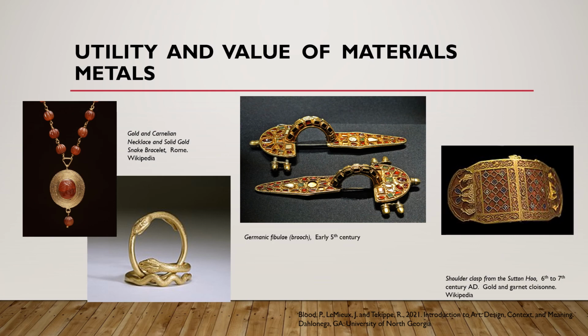And this is a shoulder clasp, again, something that would hold pieces of fabric together. This one, however, is cloisonné, which is a method of enameling metal. So you have the gold and then the colored parts, rather than being precious stones, are a kind of enamel work painted in there.